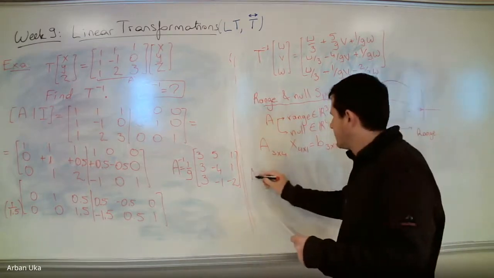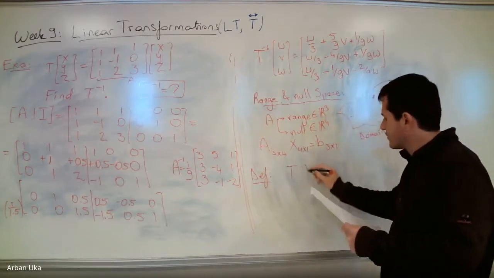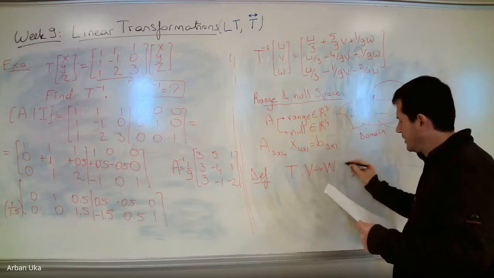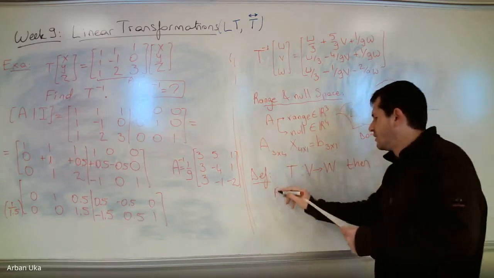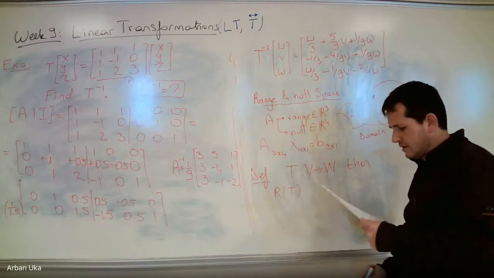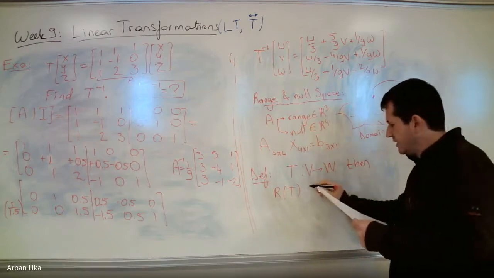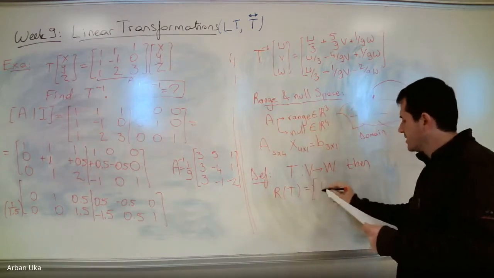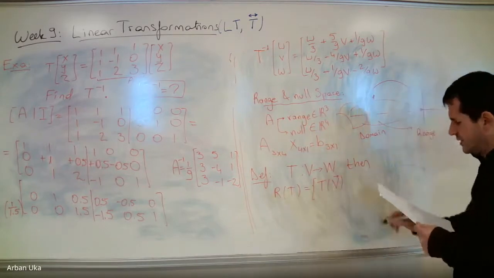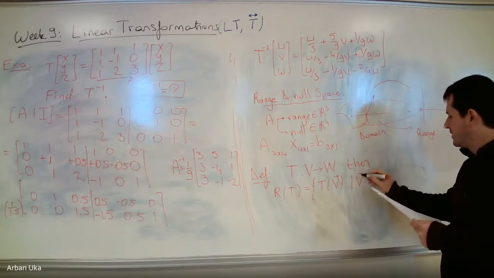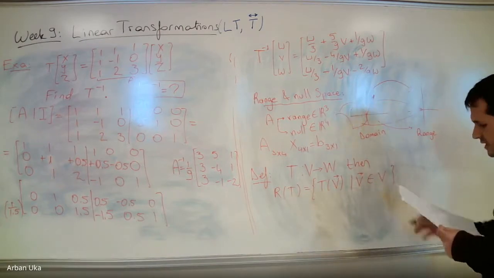Now, let's provide a definition. For any linear transformation from V to W, we can say the following: the range of this linear transformation T is defined such that T is applied on a vector v, where the vectors v are a subset of this vector space, large V again.